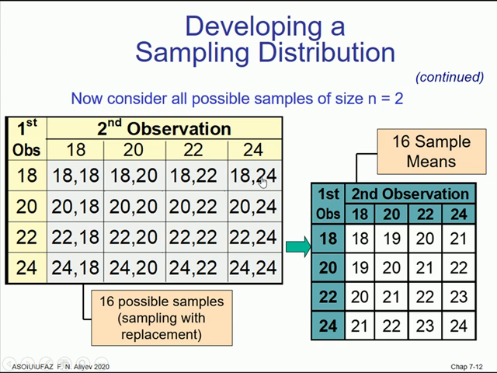And 42 divided by 2 is 21. And at the end, you see here 24, 24. The average of these two numbers is 24. So we obtain the mean of all possible samples with size 2.